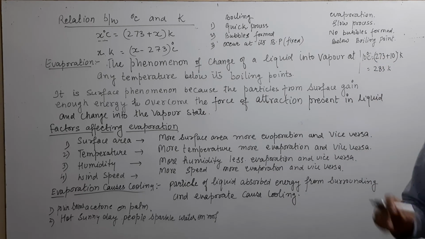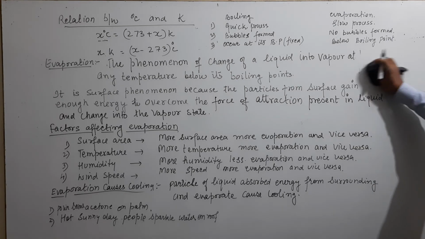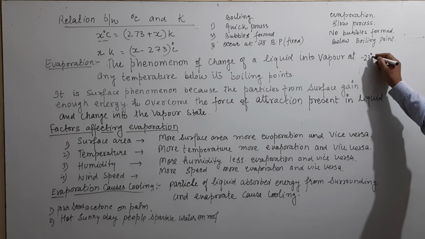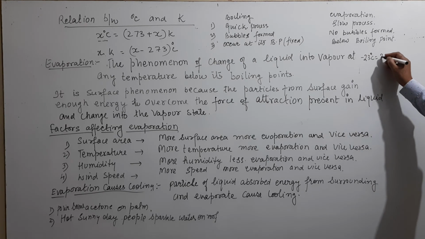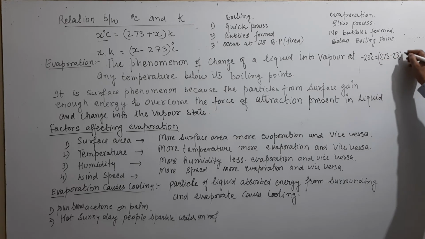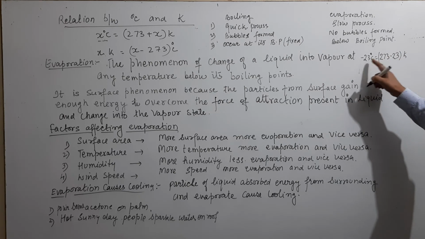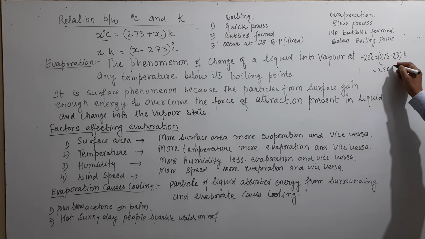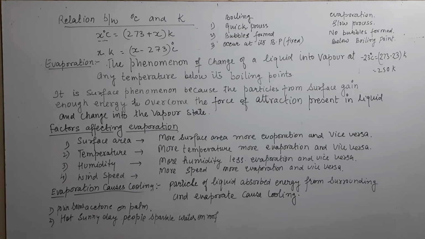Now a third example also, minus 23 degrees Celsius. Then 273 minus 23 is equal to 250 Kelvin.